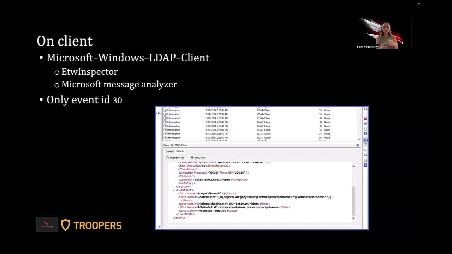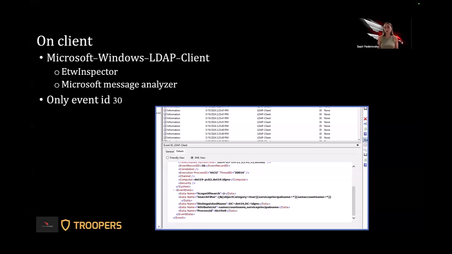Both tell me that this client provider covers a lot of different LDAP operations, for example the bind, the connect, and the unbind. But when I used it, I only saw event ID number 30. I think this is at least the most important event ID, because this is the search request, but this is all the information I was able to get from this provider.